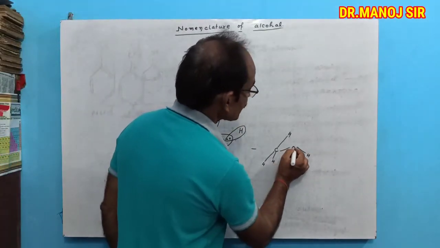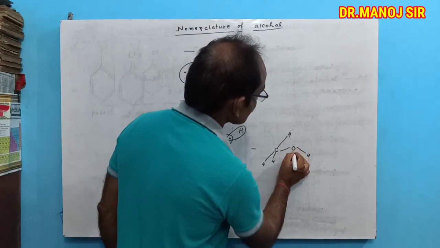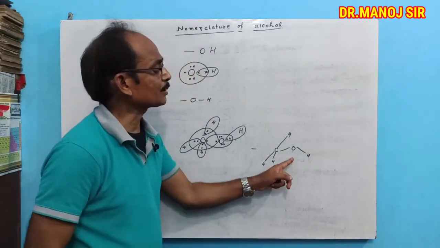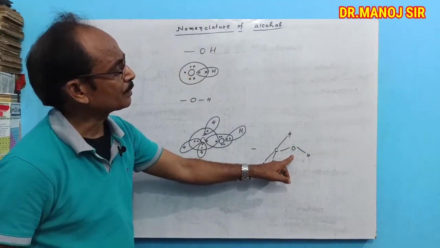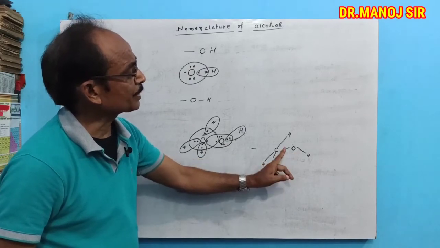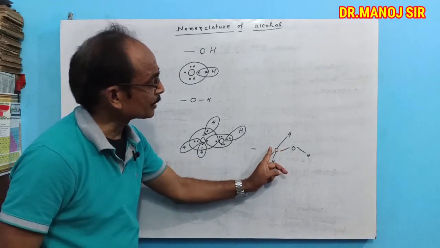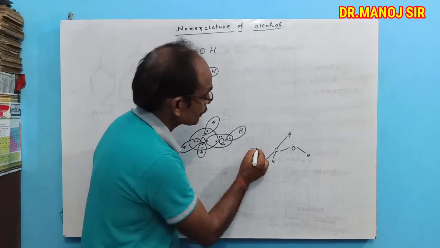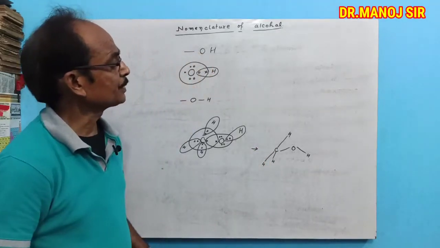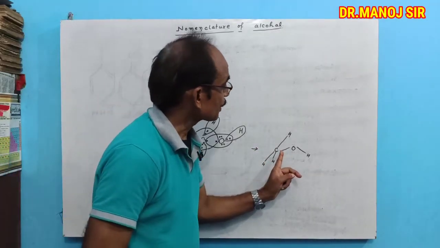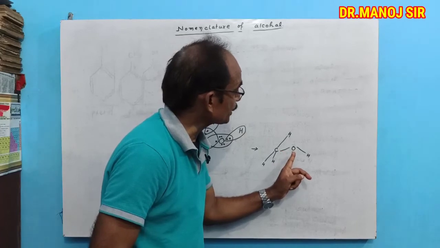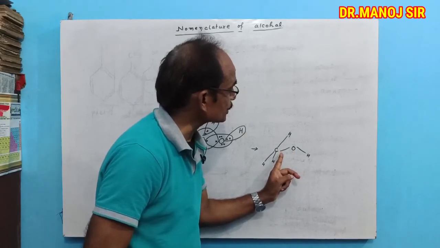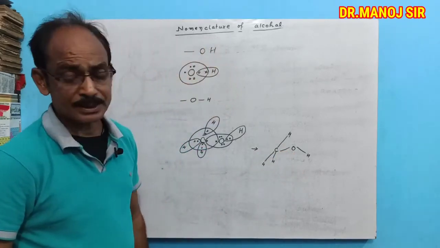Here the two lone pairs of electrons of oxygen, and the oxygen is hybridized with carbon due to sp3, and the bonding between carbon and oxygen is by the sigma bond.